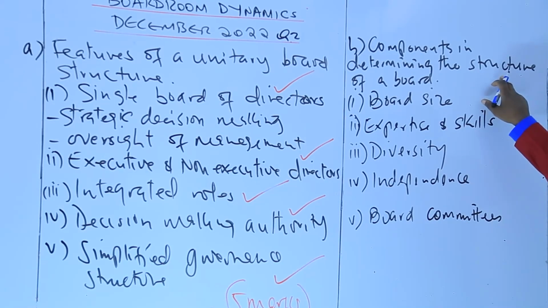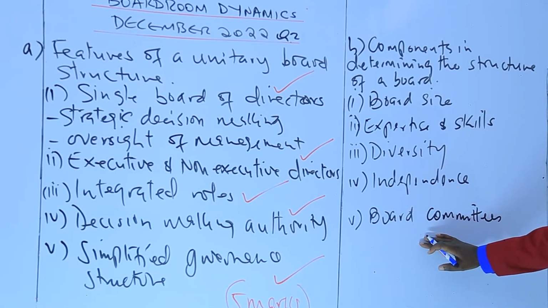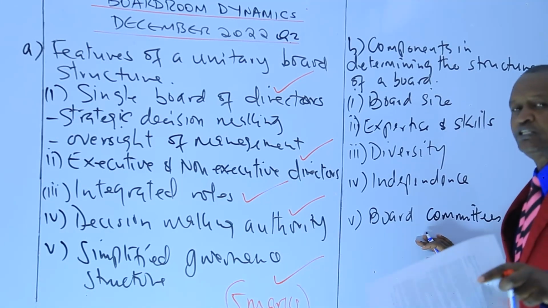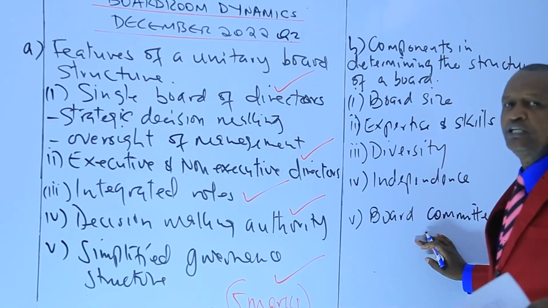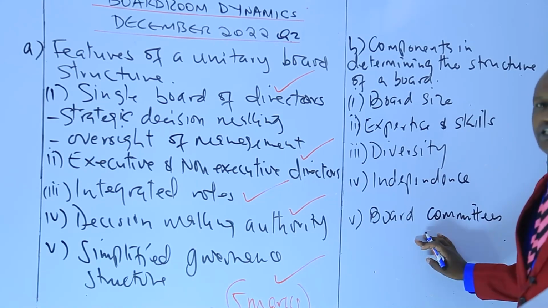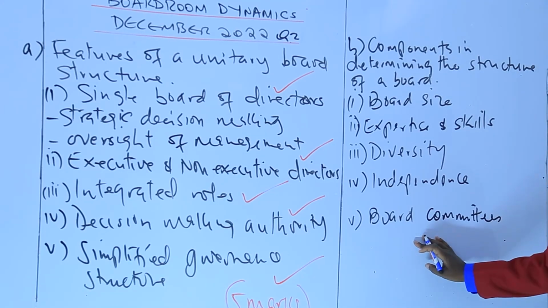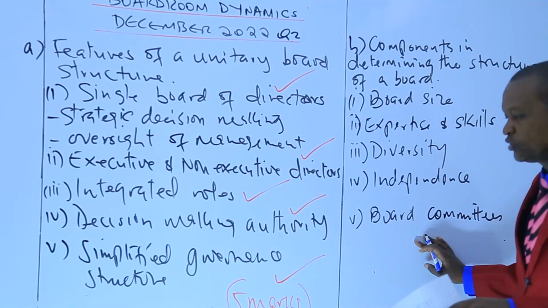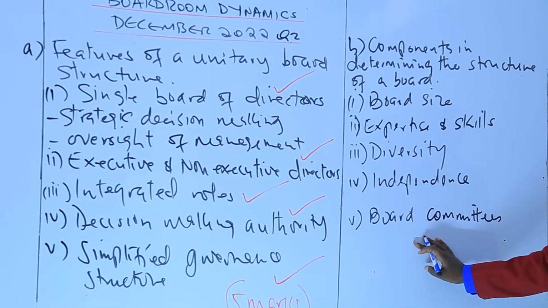So when determining the board structure, it's important to first of all lay out the need for specialized committees like the audit committee, the remuneration committee, the nomination committee, the risk management committee, and so on. Such committees handle specific governance aspects. It's important at this point to also determine the composition, the roles, and the responsibilities of such committees.